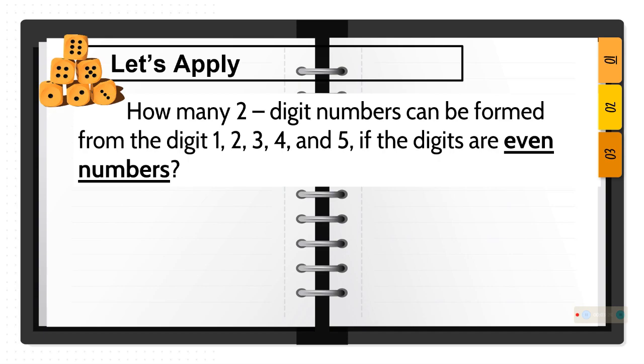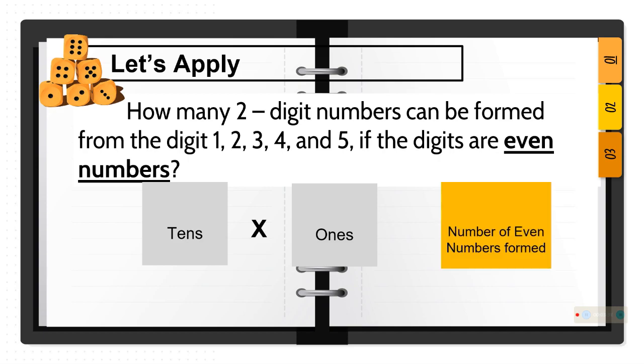So as you have seen on our given digits, we have only 2 even numbers. Okay? And since we are going to make 2-digit numbers, we have the tens digit and the ones digit. So we have here 2 ones and 5 tens.